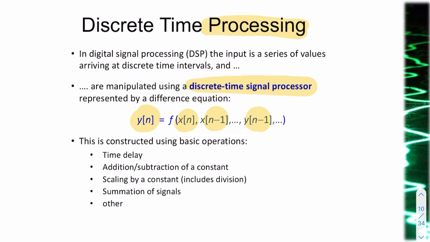So that's not the same as an impulse response. I'm not yet talking about impulse response. Right now, this is similar to lecture 7, where we would be talking about y of t as a function of x of t.